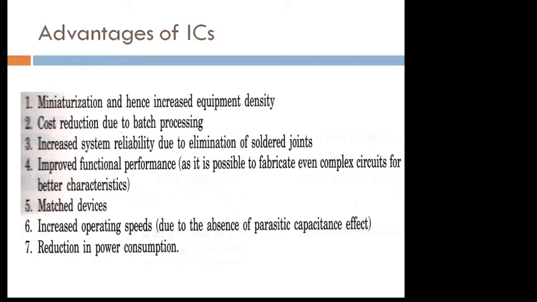So the cost naturally will go down, and you can have the production in the same batch. So more or less the probability of having identical parameters will be almost the same. जैसे कि in case of SYBSc, you may have a chance to perform an experiment that is called the h parameter. h stands for small h, and that h is known as hybrid parameters.